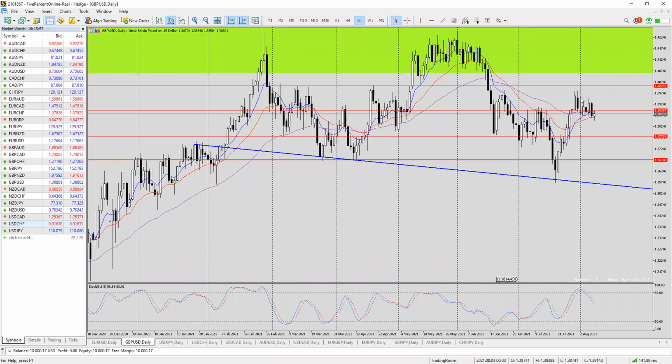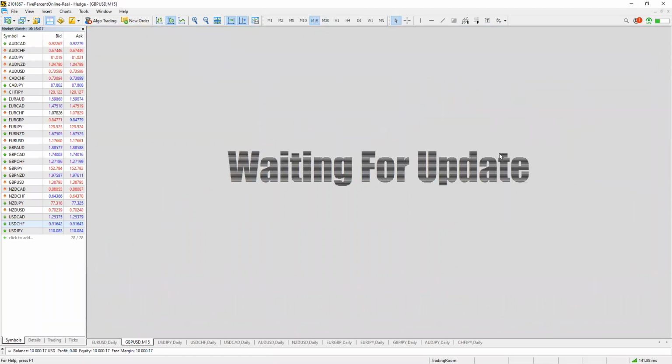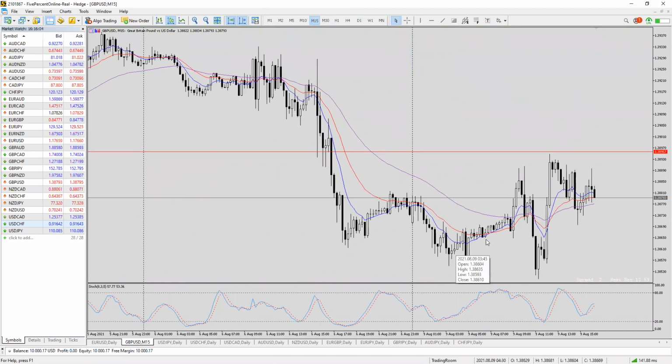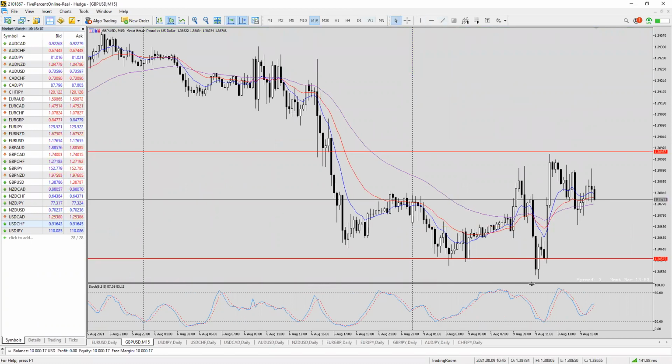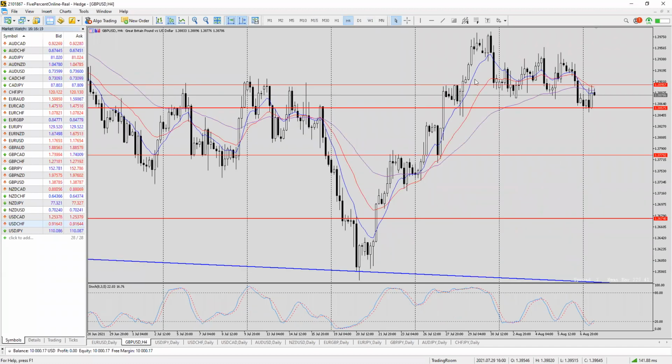Intraday, maybe on the lower time frames, you can take some nice trends, but you think it's breaking down, you go short, it goes up, you close, it goes down, it goes up, not very clear. So just be careful when the trend is not clear.